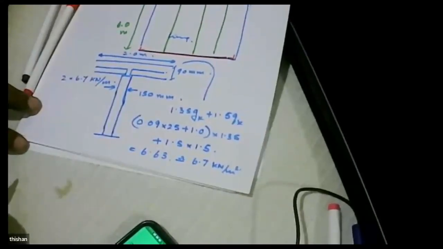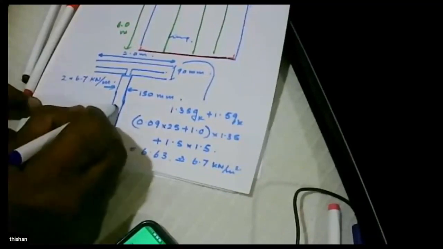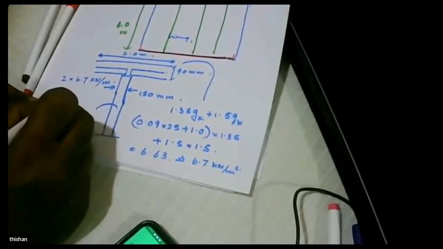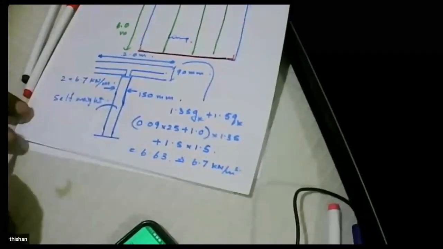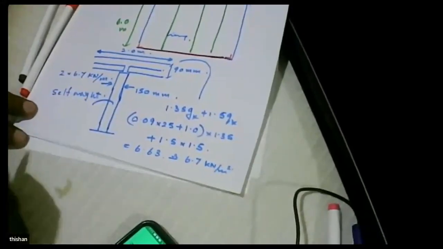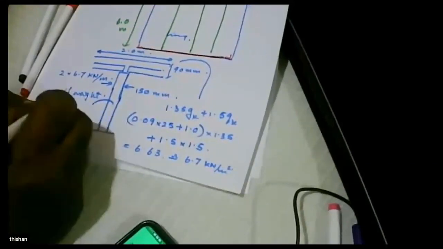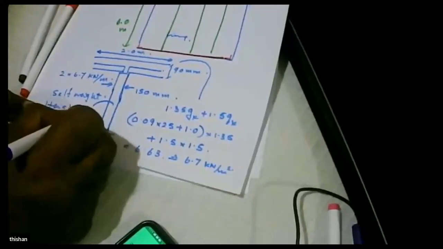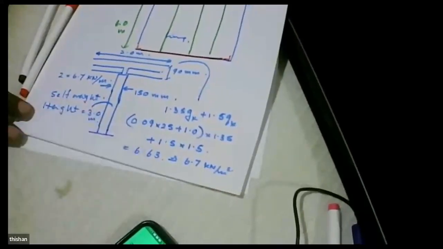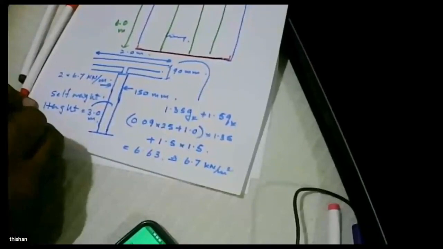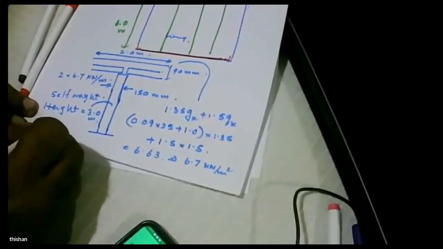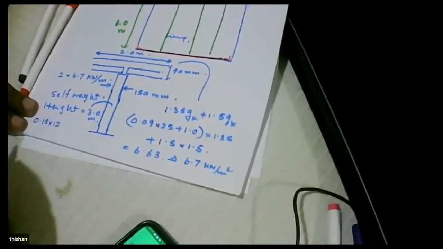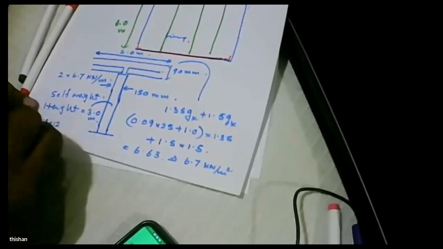Now, in addition to that, we have to consider the self weight of the wall. For the self weight of the wall, I'll consider that this wall has a height of 3 meters. The self weight of the wall will be 0.15 into 12, the density of hollow blocks being 12 kilonewtons per meter cube.